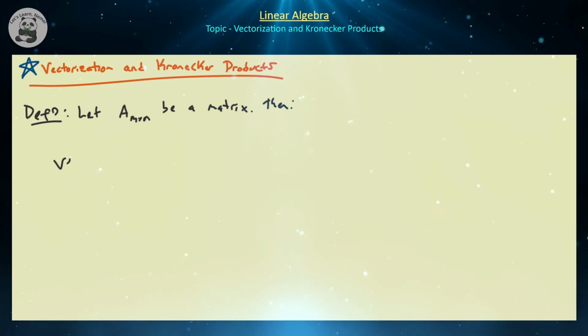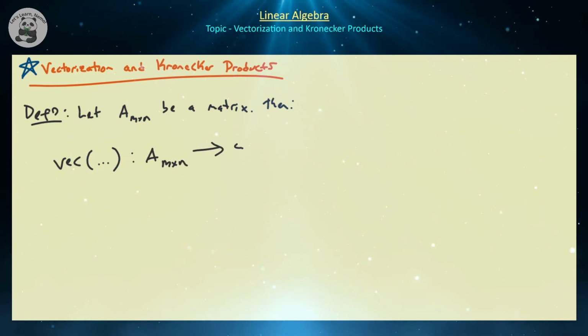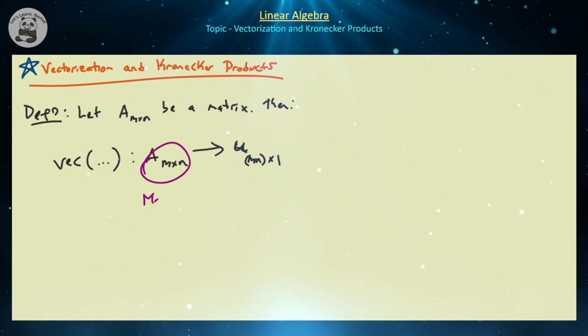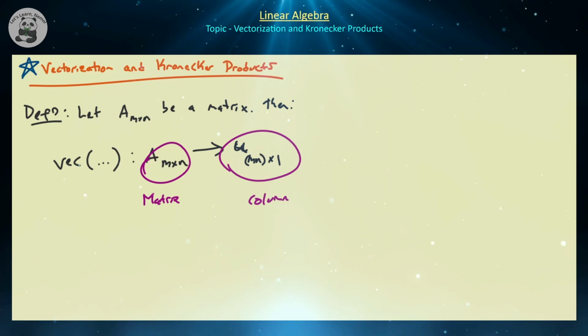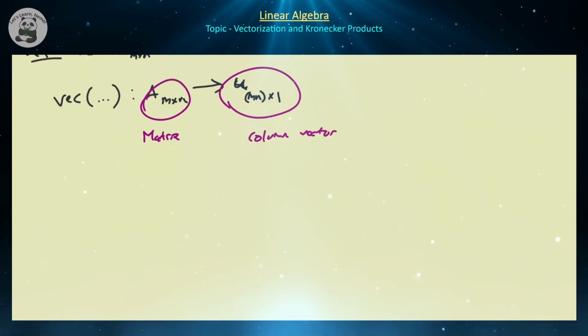Then the vectorization of a matrix will send an m by n matrix to another matrix U whose dimensions are m times n by 1. So we'll send a matrix into a column vector. All right, so let's look at the general form of what that looks like.